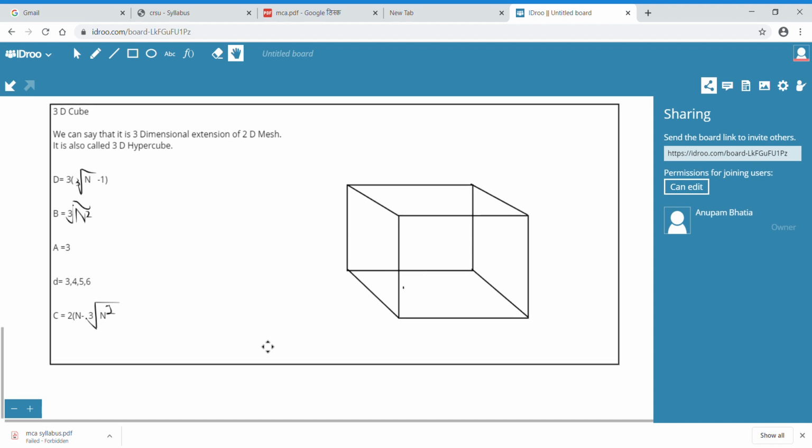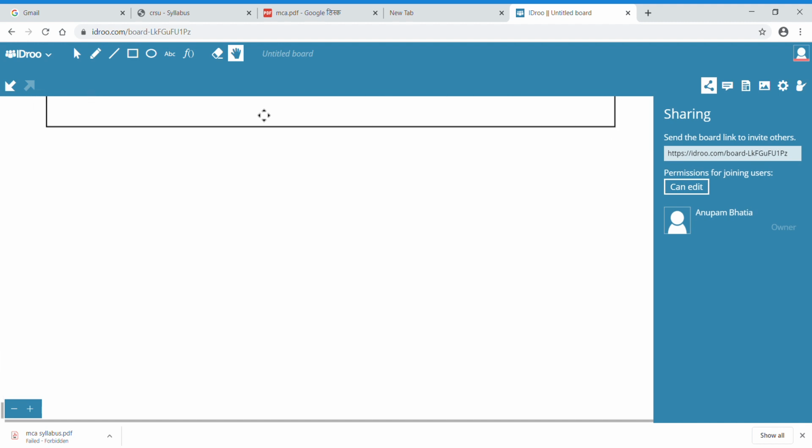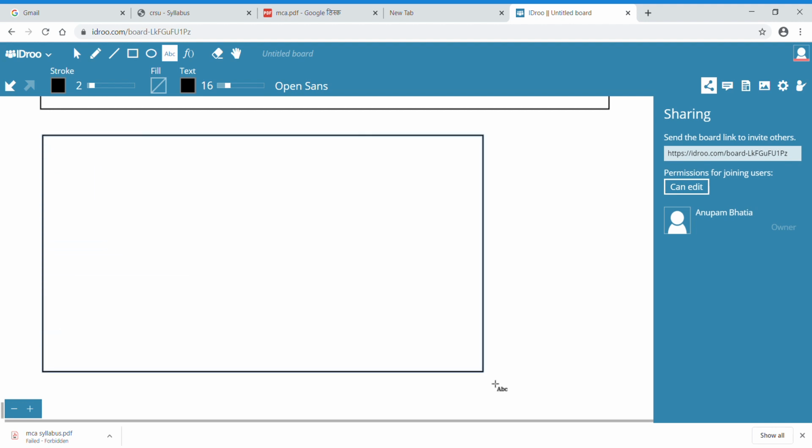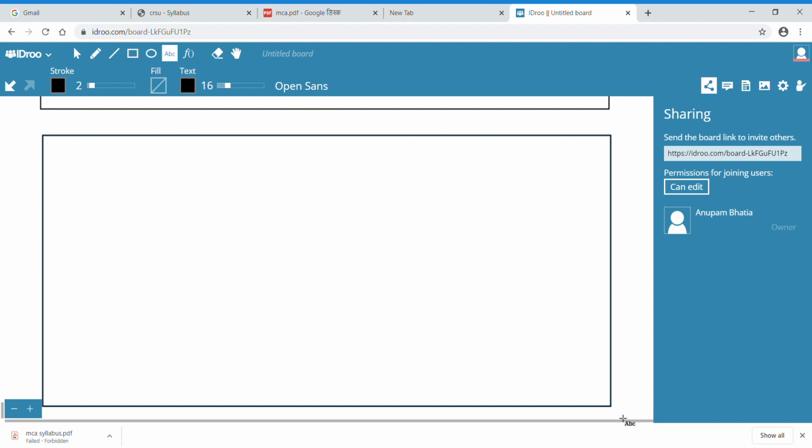After the 3D cubes, we have to go for the 3 cube connected cycles. Here you will see how the degree has been improved in this hypercube. It is a special case of the hypercube only.